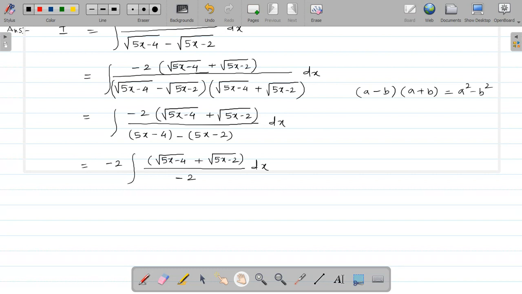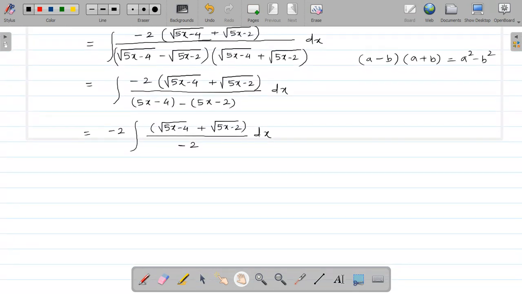Now the denominator is simplified. It becomes just minus 2, and this one is minus 2, so both will get cancelled. Now we have to evaluate the integration of the remaining part.